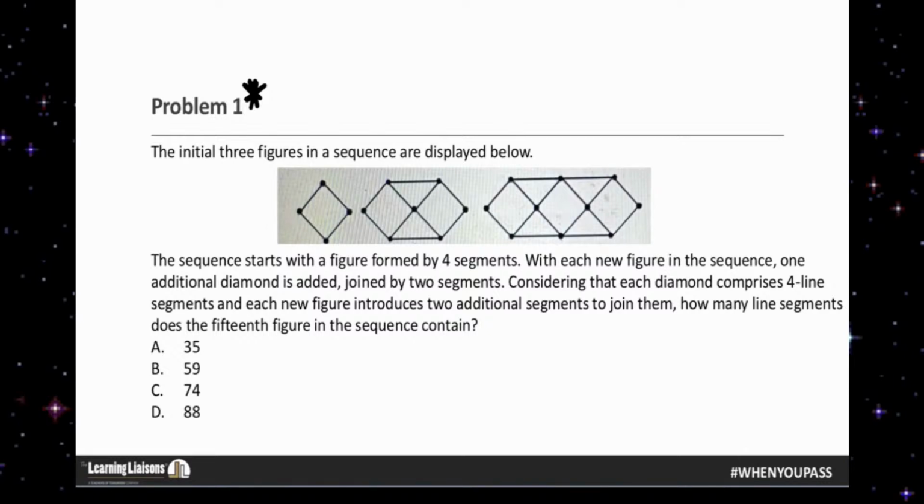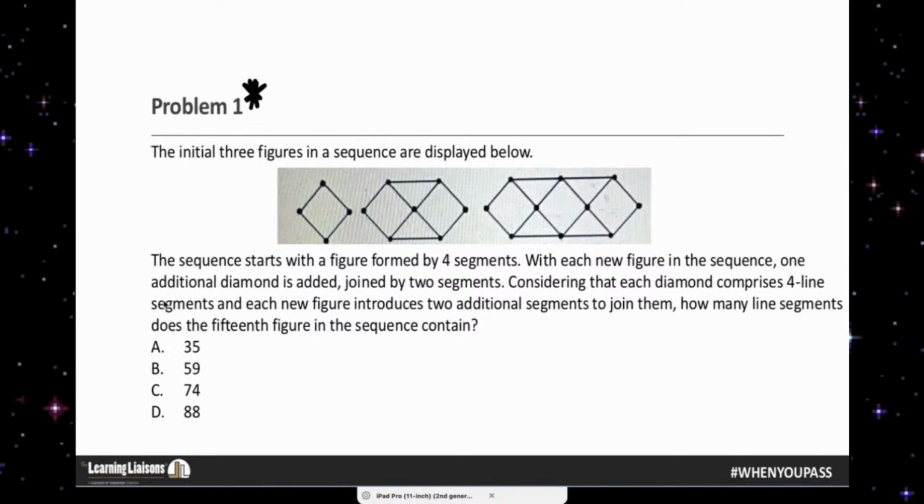Considering that each diamond comprises 4 line segments and each new figure introduces 2 additional segments to join them, how many line segments does the 15th figure in the sequence contain?